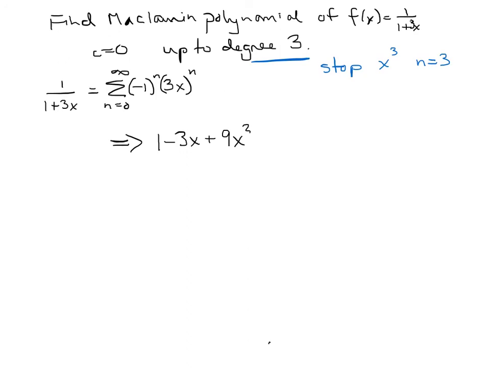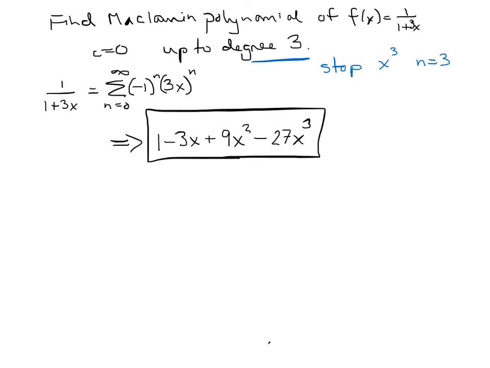The next one, that's 0, 1, 2, 3, would be negative, and then we'd have 3x cubed. 3 cubed is 27, so 27x cubed, and this is the point where we're going to stop. Because we wanted to find the polynomial, which is an approximation, it stops at some point, and only up to degree 3.